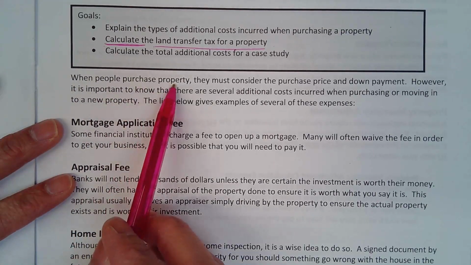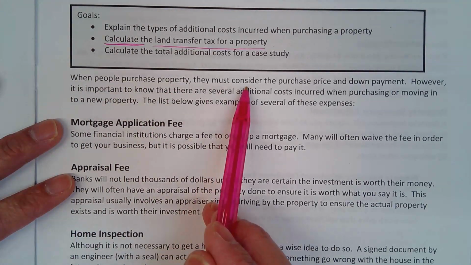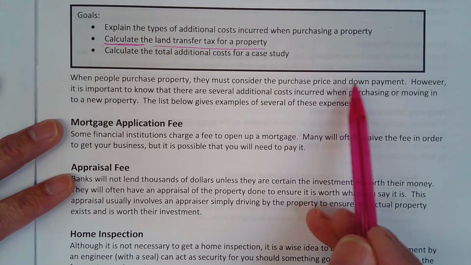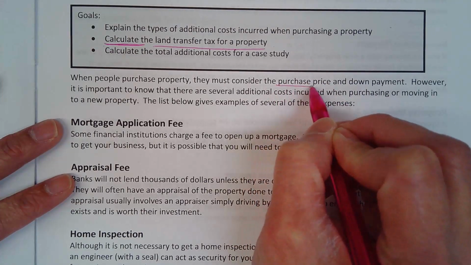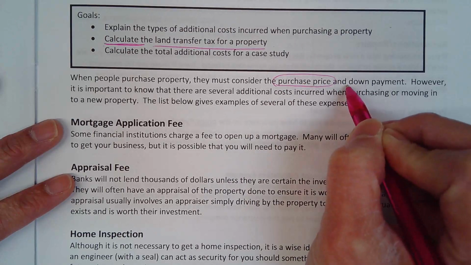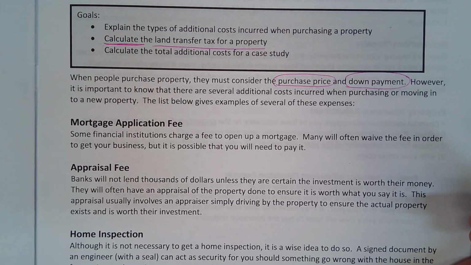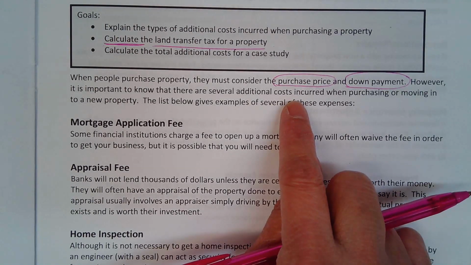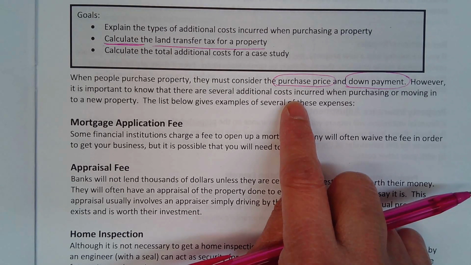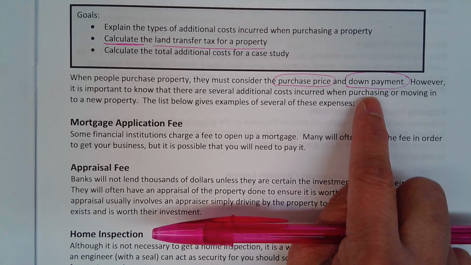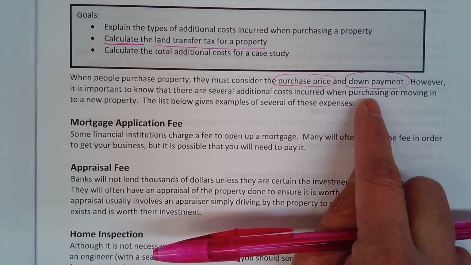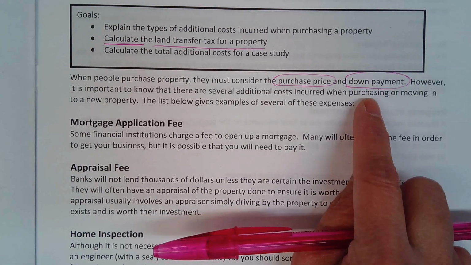When people purchase property, they must consider the purchase price and a down payment. When we're looking for the house we want to buy, the very first thing we think about is how much the house costs, whether we can afford it, and then the down payment, how much down payment I have so that I don't have to borrow so much money.